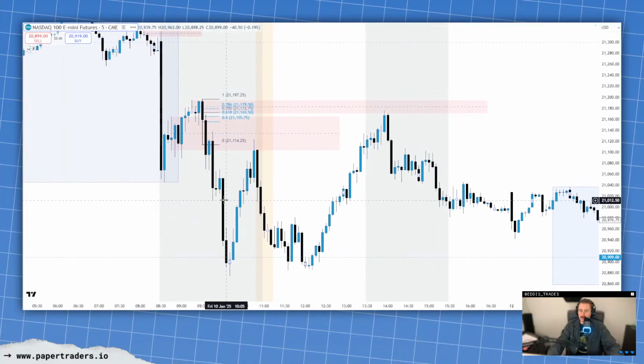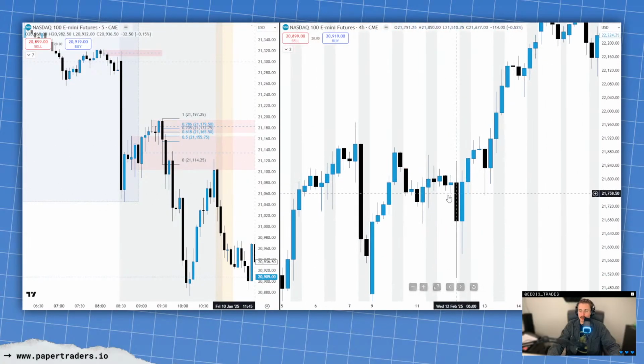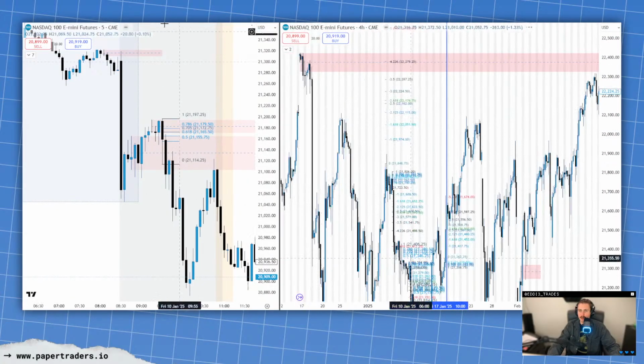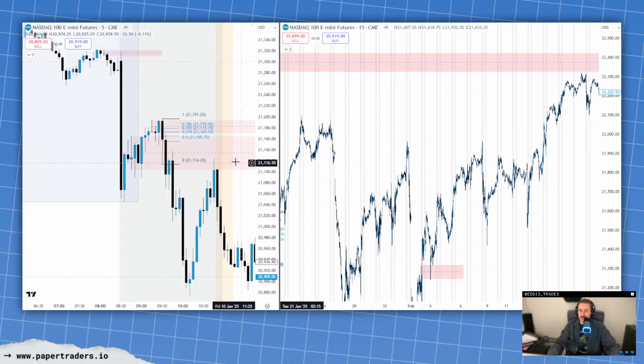If you look at your 15, you had a beautiful trade off of it too. Or on this day. Remember that day? Yeah, I remember that day. This is January 10th. Just move your fib down one candle. That'll be your 15.